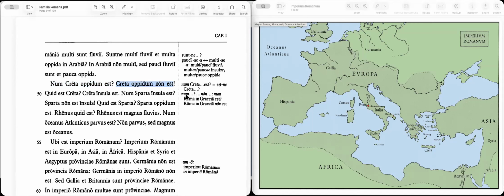I can't think of a real equivalent in English. It literally means Crete isn't a city, is it? No. Crete is an island, Creta insula est. If there are any lawyers in here, it would be kind of like a leading question. Crete is not a city, correct?